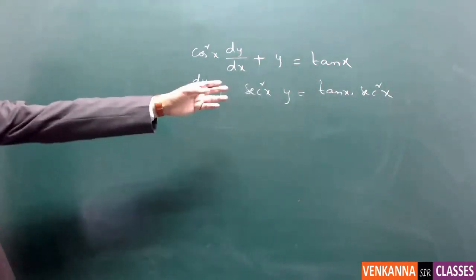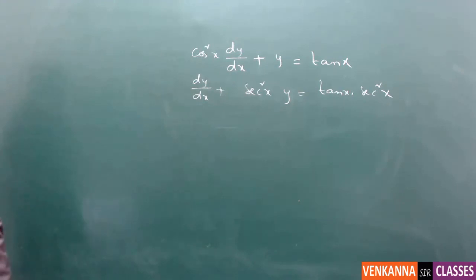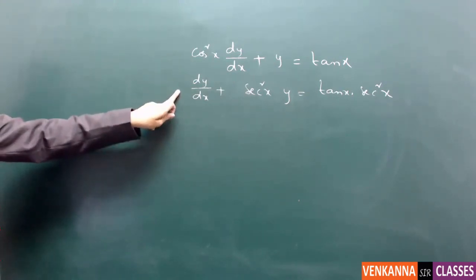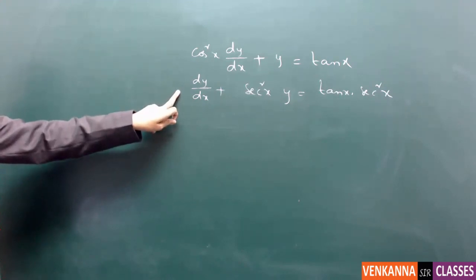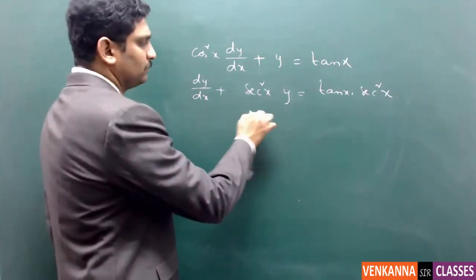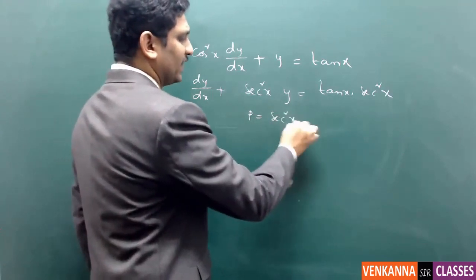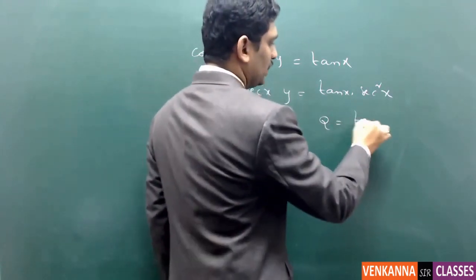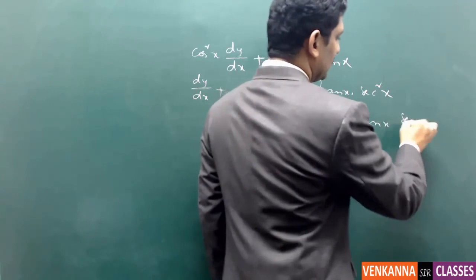Or you can simplify the right hand side also, no problem at all. Now what happens if you compare the given equation with the form, p is equal to secant square x and q is equal to tan x into secant square x.